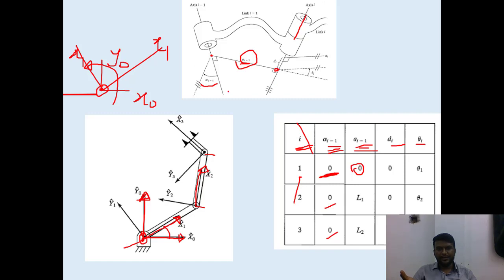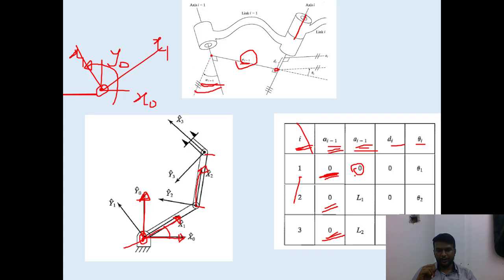Unless there is a certain angle between two axes, there will be a link twist. Otherwise there will not be any alpha i minus 1. For the majority of cases there will not be any, because there is no twist between these two axes. All axes are parallel.